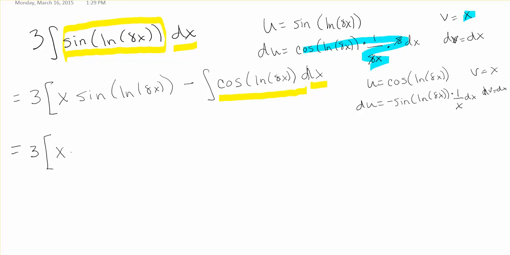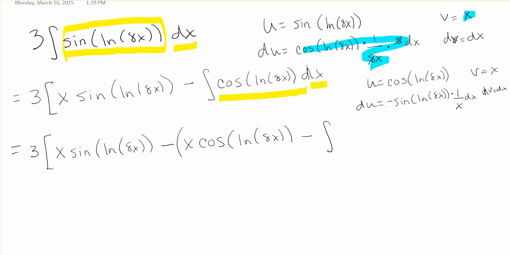We have x sine of ln of 8x minus, and when we integrate this, you do uv, so that's going to be x cosine of ln of 8x. Remember this is uv, or in this case we did vu, minus the integral of v du. In the integral of v du, the x's cancel.